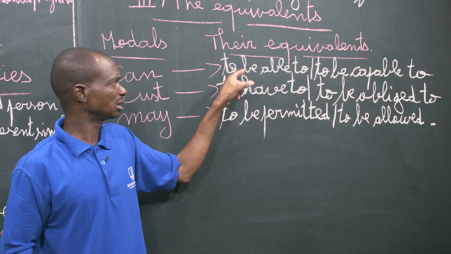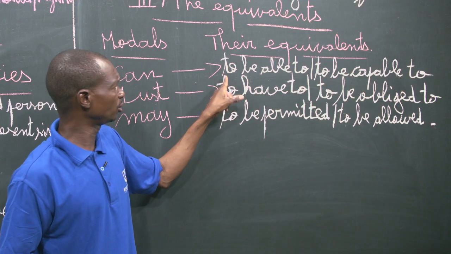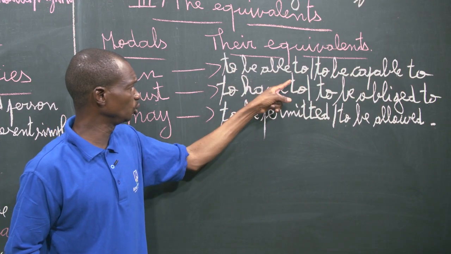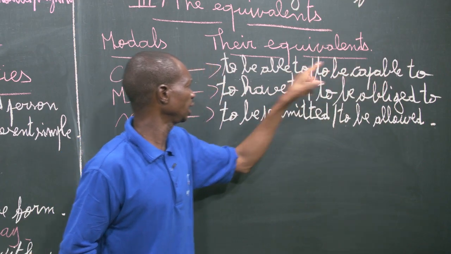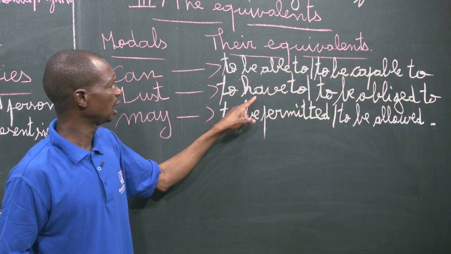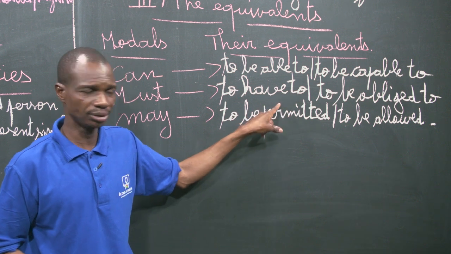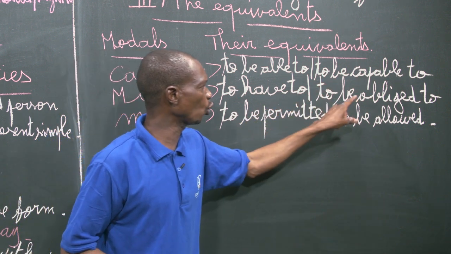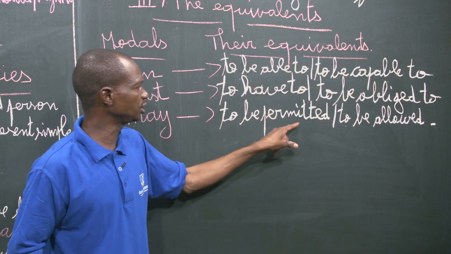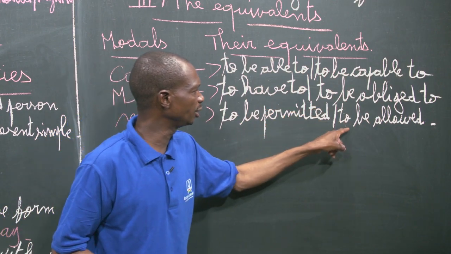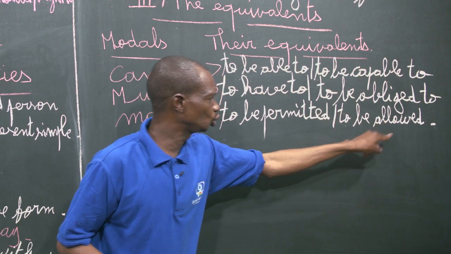So the past participle of to be able to is been able to. Here it is been capable to, and here we have had to as the past participle, and here we have been obliged to. And the last ones we have are been permitted to, and been allowed to.